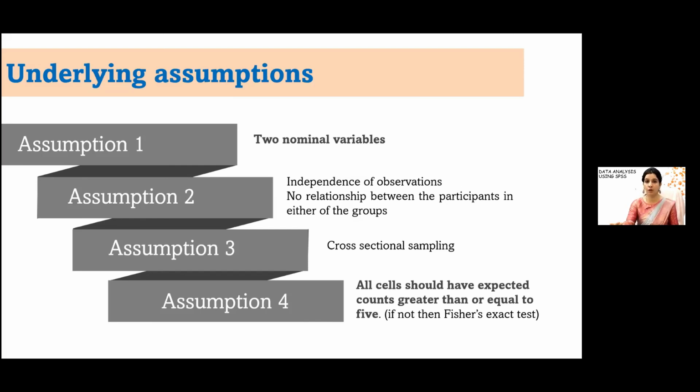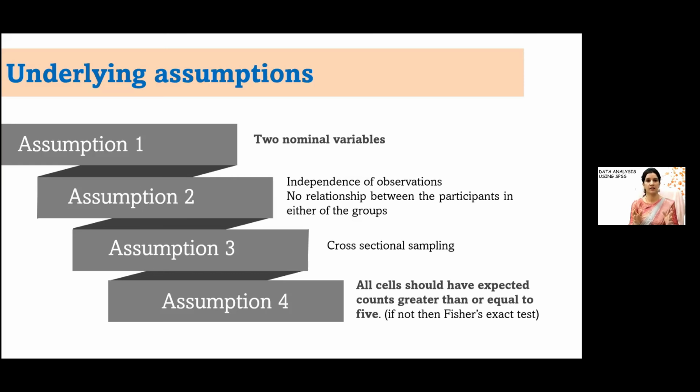If not, then you have to use the Fisher exact value of that chi-square test, which comes in the same output. We will see it later. You don't have to apply a separate Fisher exact test, but it comes in the same table. But you have to take that value if the cell count is less than 5.